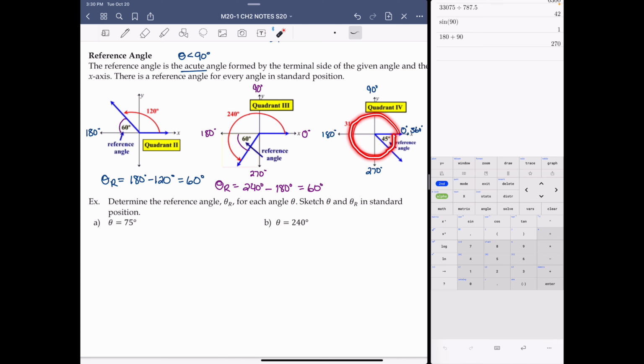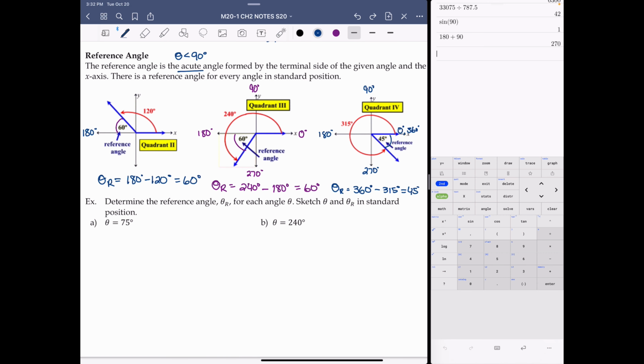So if we start at 360 and subtract the angle that we know, then we'll get what's left, which is the reference angle. So to calculate the reference angle, when given an angle that has a terminal arm in quadrant 4, you start with theta r equals 360 degrees, and you subtract the angle, which is 315 degrees in this case, and you get 45 degrees.